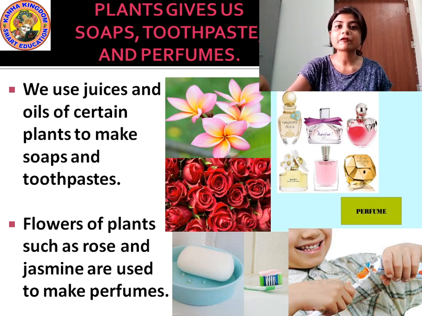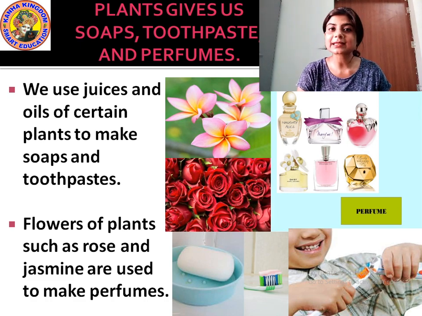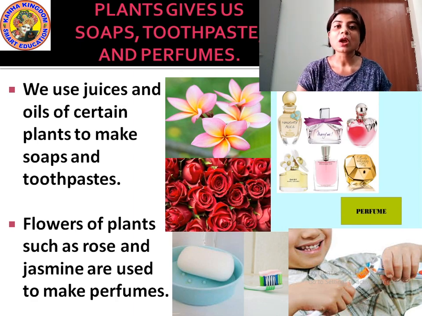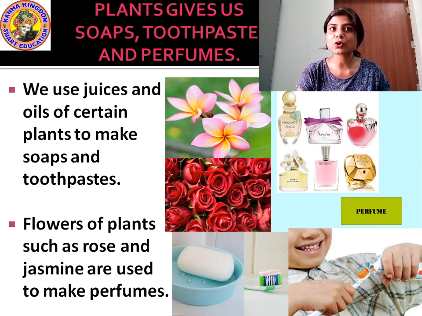Plants give us food. Yes or no? We eat different parts of the plant as food, like root, stem, flower, fruit and leaves. What are the examples of stems that we eat? Potato, ginger and sugarcane. And roots that we eat, like carrot, radish and turnip.